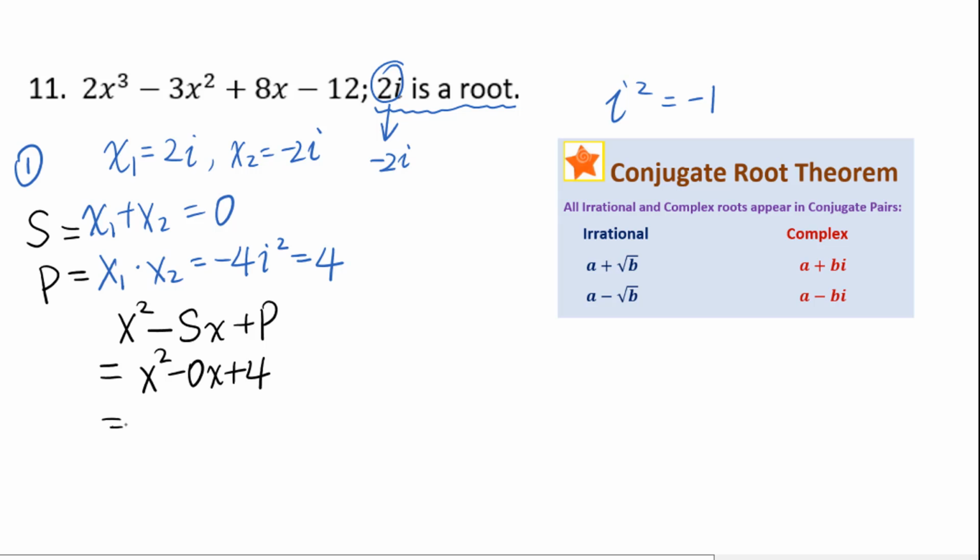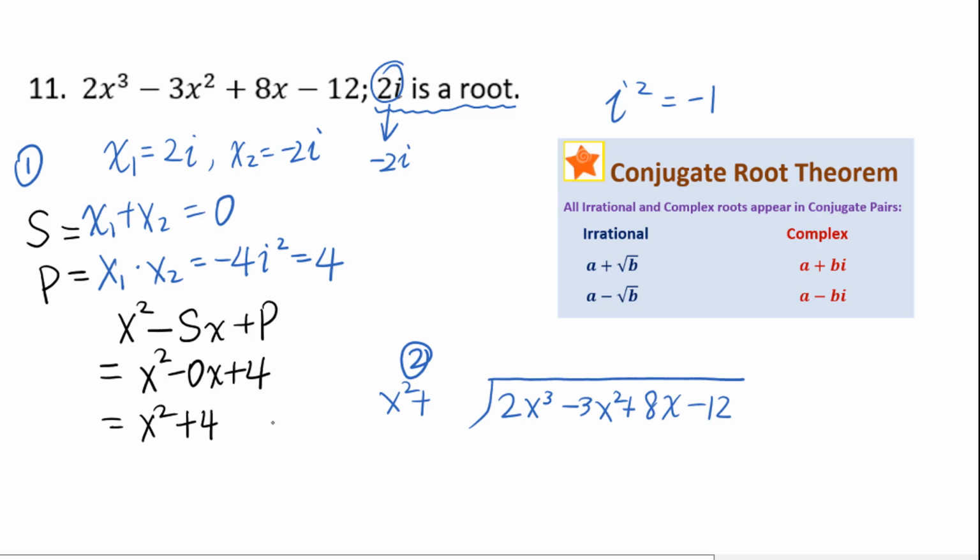Combine like terms, that is x squared plus 4. Then the second step, we will divide this polynomial function by x squared plus 4. We are going to use long division. For x squared plus 4, we have to write down x squared plus 0x plus 4.